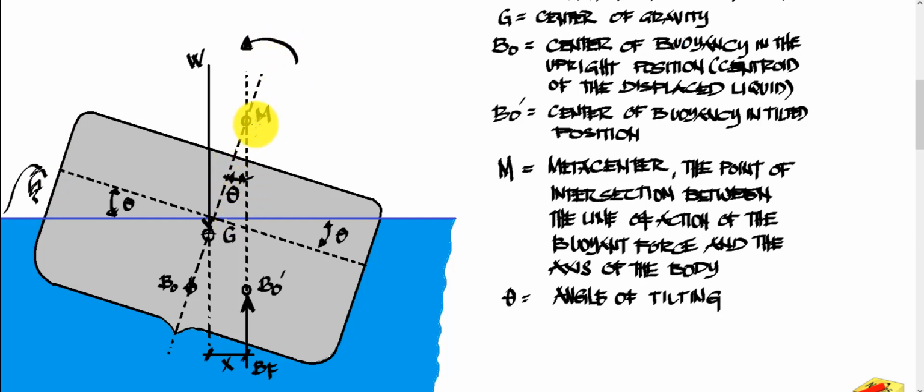You will notice here we have your center of gravity at this location, and you have your metacenter, which is above. So you have a moment that will tilt the ship back to its original position.